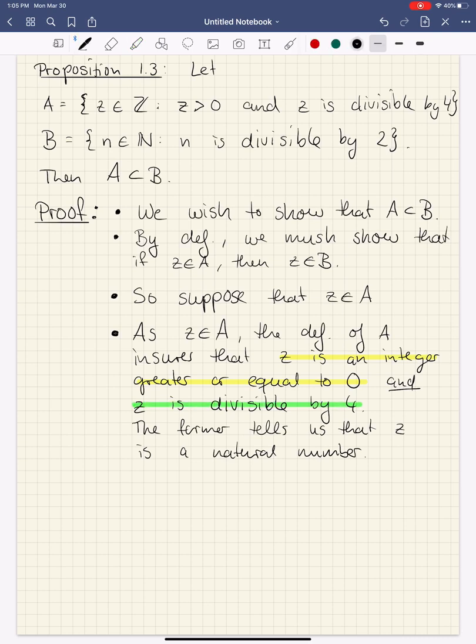And then we go to the second one, z is divisible by 4. Well, how can we write this? This will tell us that there's some integer such that z is actually equal to 4 times that integer.